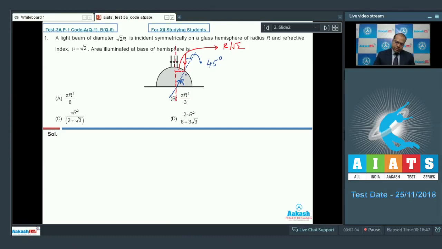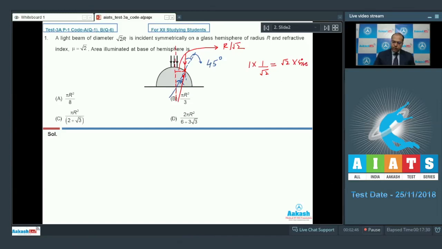Now if the ray moves in this direction, as it enters the hemisphere, the ray will bend towards the normal. So if I draw, the ray will move in this direction, and let this be the angle of refraction. If I apply Snell's law at this point, 1 into sine 45 degrees is equal to mu, that is root 2, into sine r.